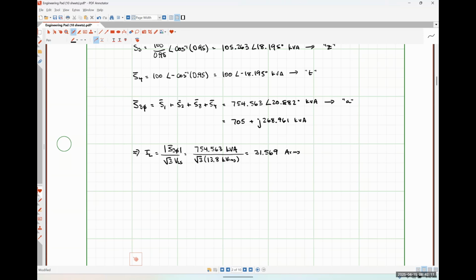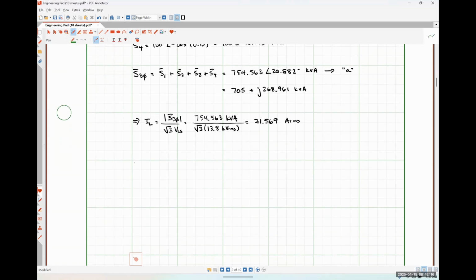Sure. So I'll write it down on this page so that we can look at it. Earlier in today's class meeting, I reminded you of a relationship that S3 phase is equal to 3 VP IP with an angle of theta Z, or √3 VL IL with an angle of theta Z. And this part right here is the apparent power, which is just the magnitude.